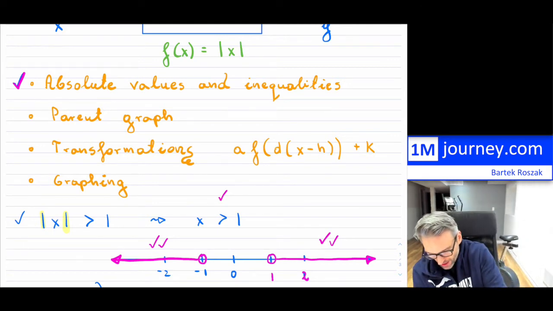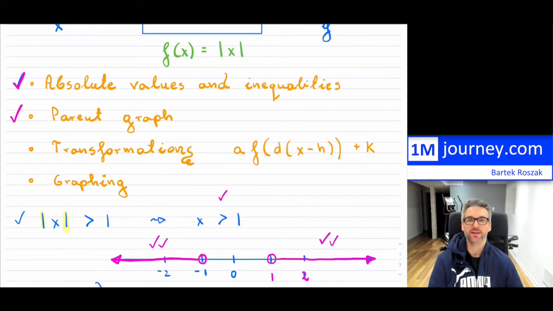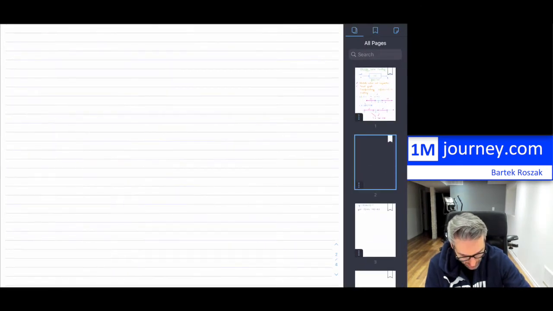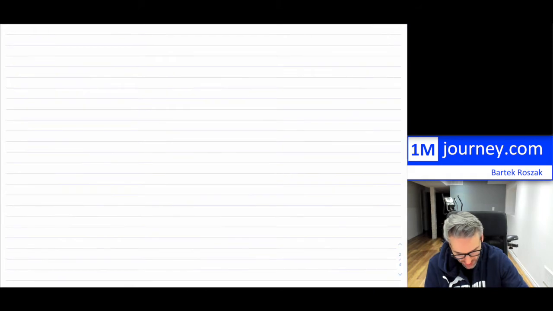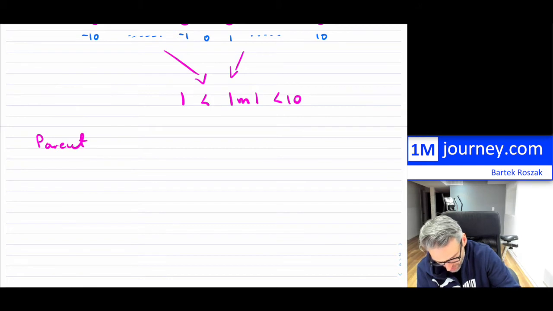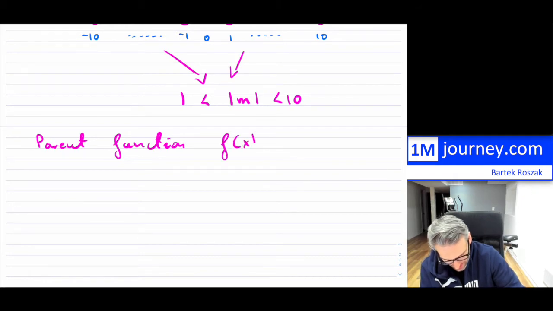Now, what does the parent graph actually look like? And this you may remember from grade 11. Let me include an extra page in here, and let's take a look at this page. So the parent function, which is the original starting point function, of our absolute value, we typically will write as simply as this.